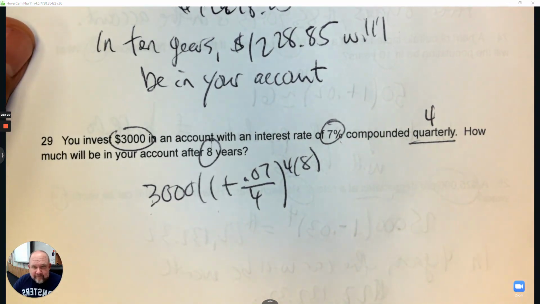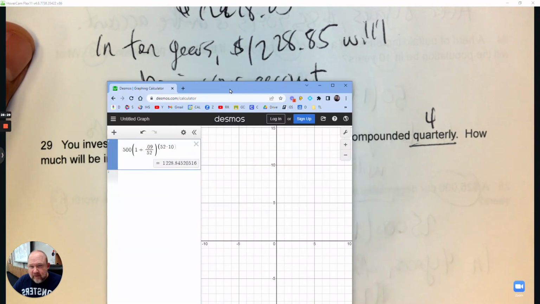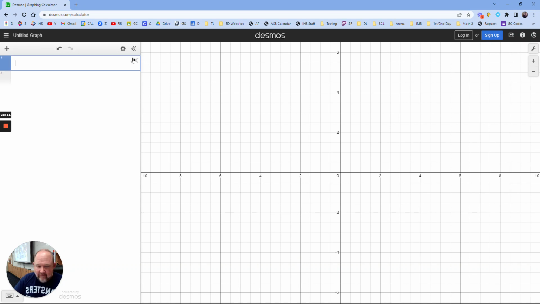Were you able to do it? All right, let's do Desmos now. So again, that's 3,000, 1 plus 0.07 divided by 4. To the exponent, use parentheses, and it's 4 times 8, or you could just put in 32.